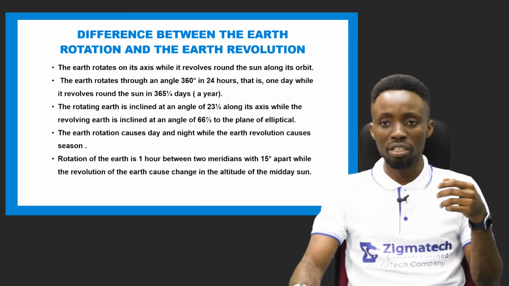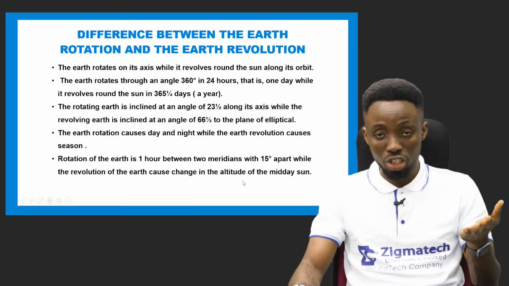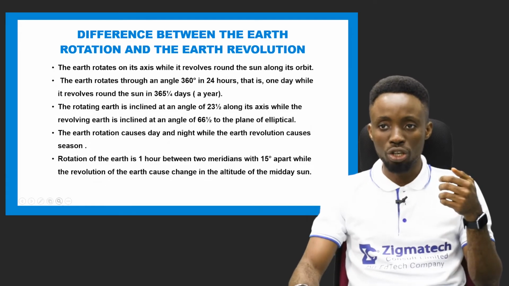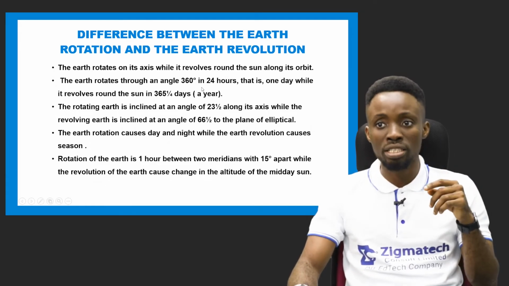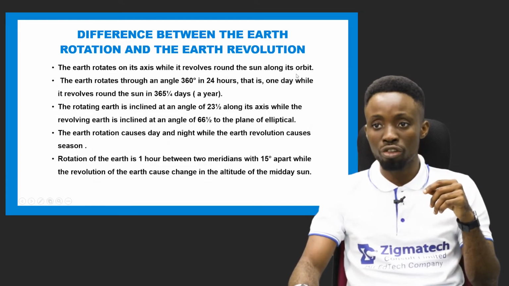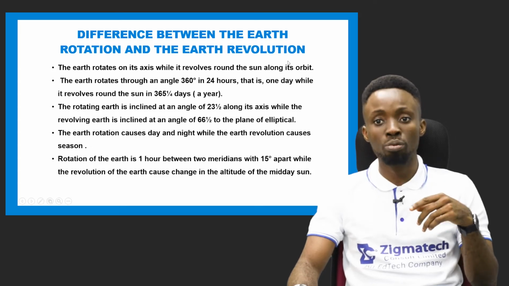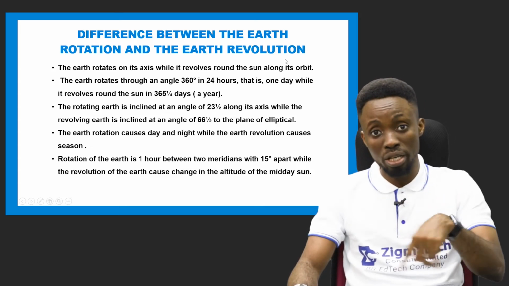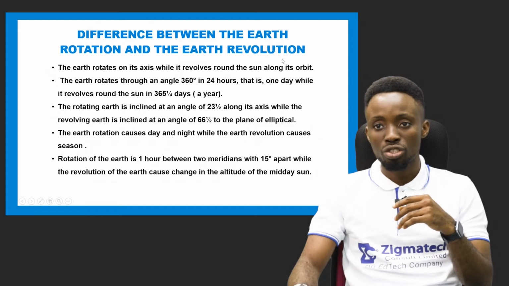So let's look at the differences between rotation and revolution. For rotation, the Earth is rotating on its own axis, while for revolution, the Earth is revolving on its elliptical orbit around the sun.